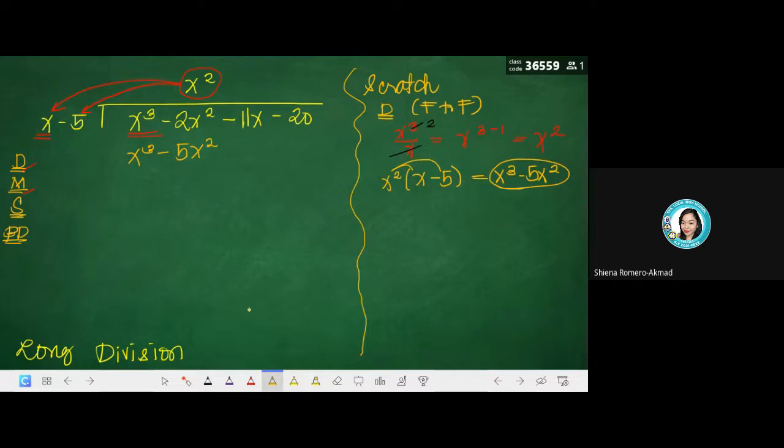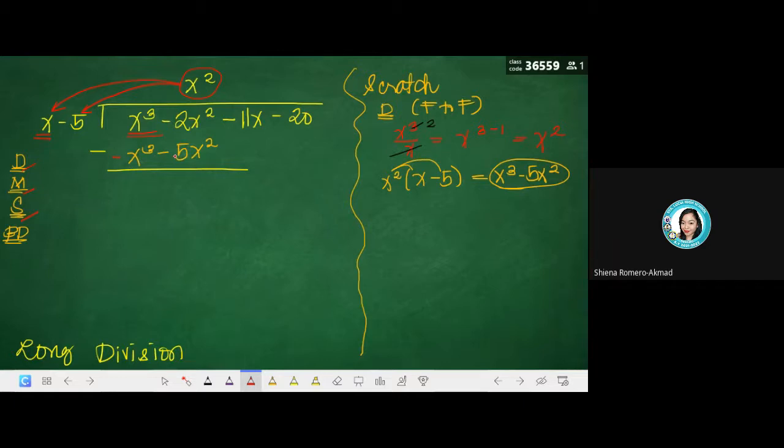Then we will proceed to subtraction. So, done na tayo dito. We'll have subtraction. So, kung nag-subtract ka, remember that you have to change the sign of the subtrahend and proceed to addition. So, this is the subtrahend, yung x cubed minus 5x squared. So, instead of positive x cubed, magiging negative yan.